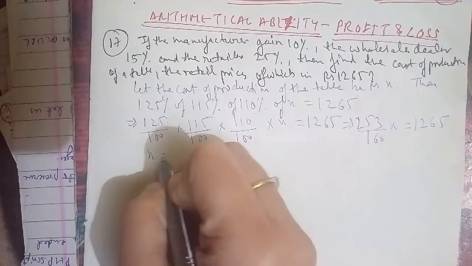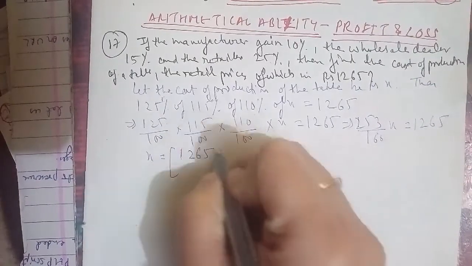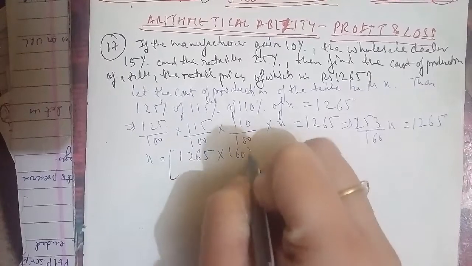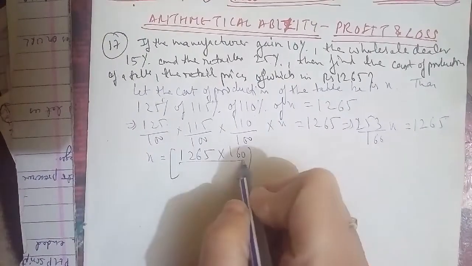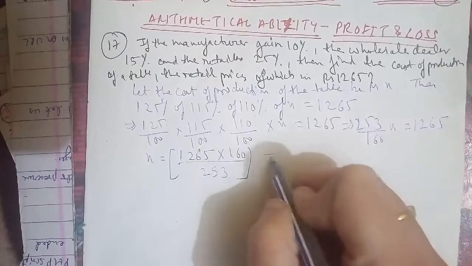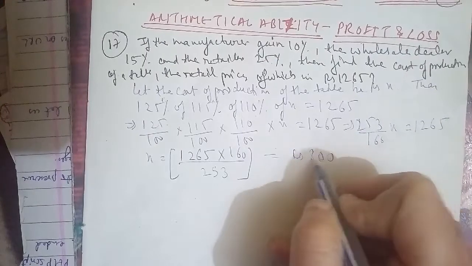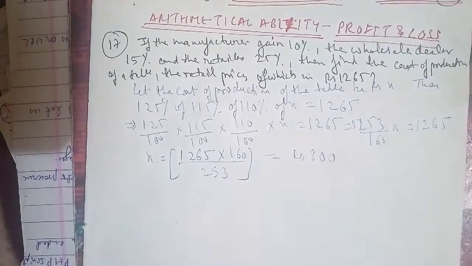So X is equal to 1,265 into 160 upon 253, which is equal to rupees 800, that we have as an answer.